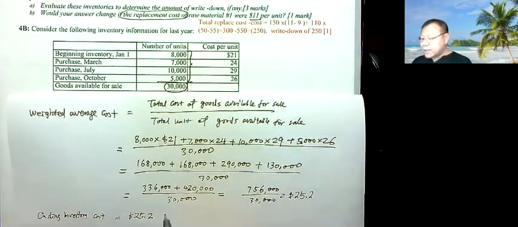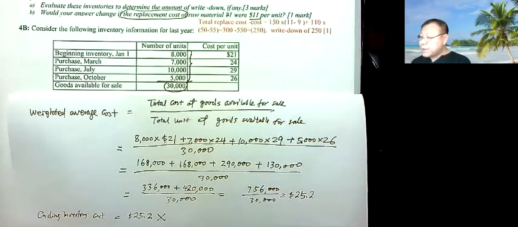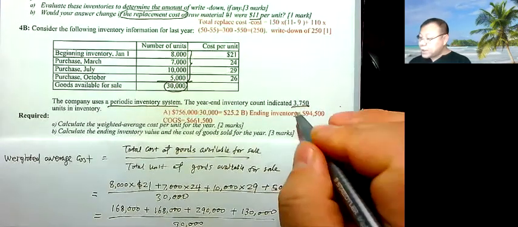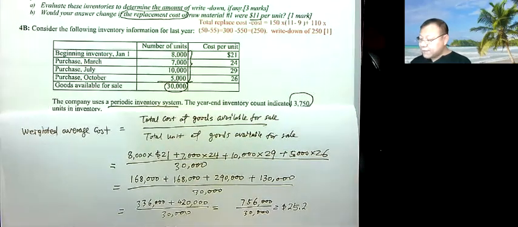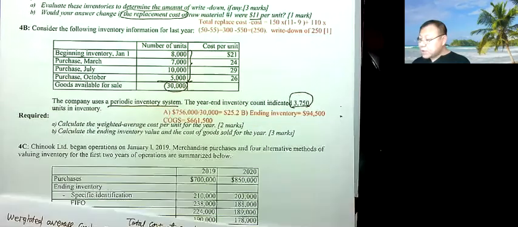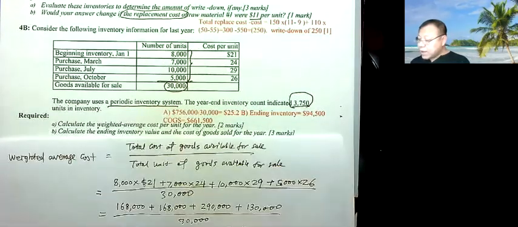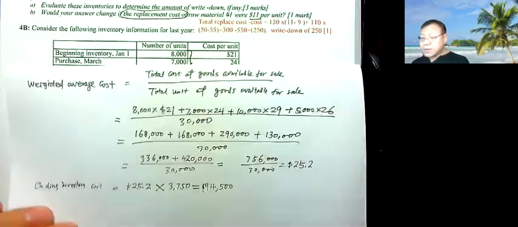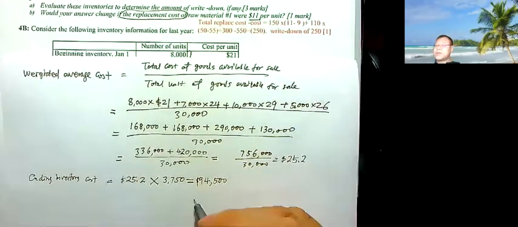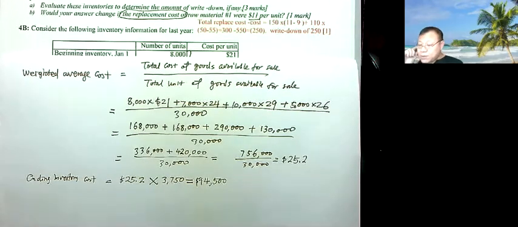We just calculated this, times the number of units. This number is given, 3,750. So you're gonna get 94,500. Okay, so that's your ending inventory.